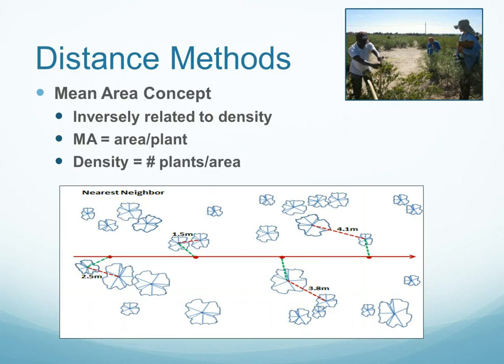Mean area is inversely related to density. The units of mean area are the average area per plant, and that is the inverse of the units of density, which is the number of plants per area. So it's very easy to convert from mean area to density.